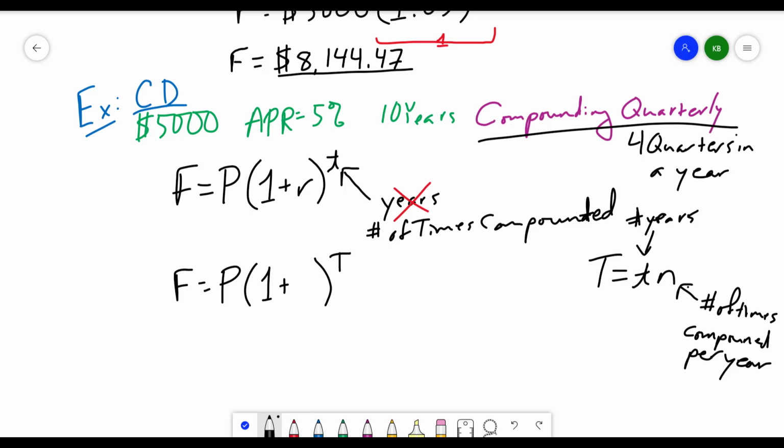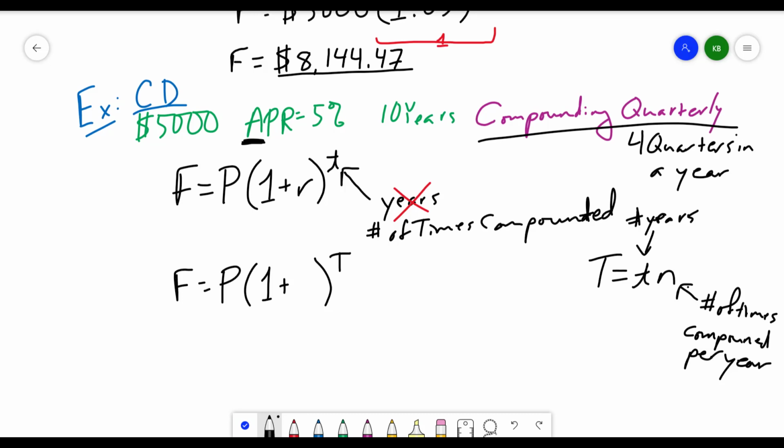Now the other thing that has to change for this is we have to change our interest rate. So the reason for this is our interest rate was given to us as an annual percentage rate, right? So if we're compounding every quarter, we don't get the full annual rate.